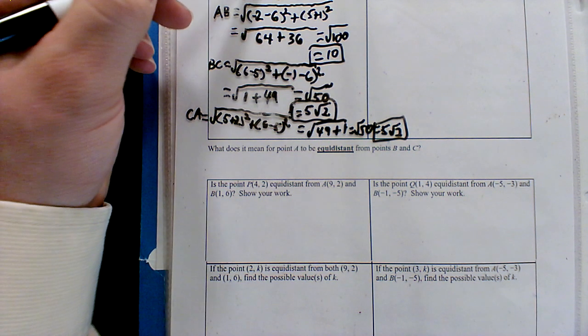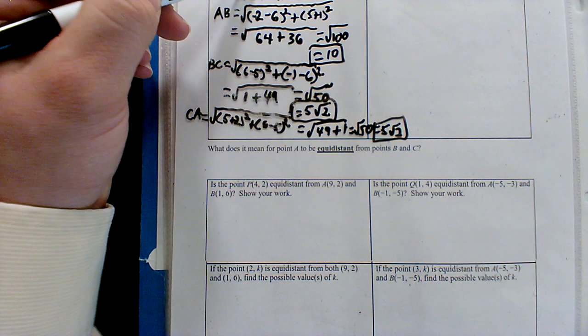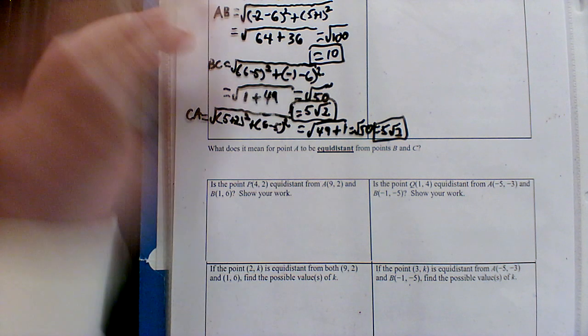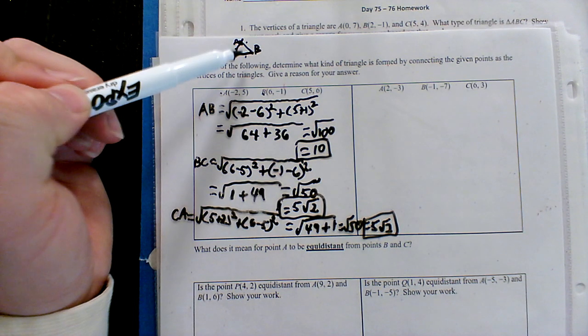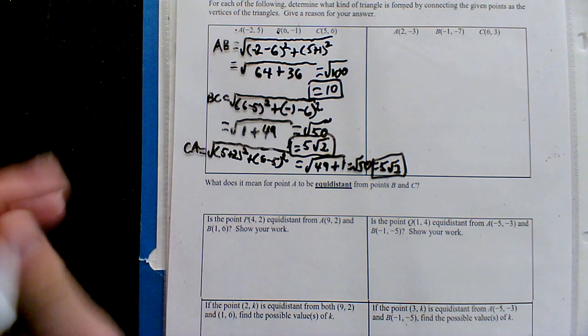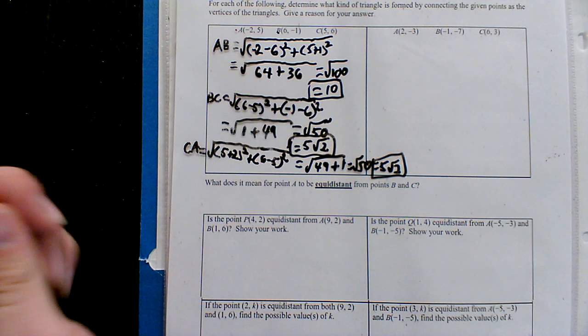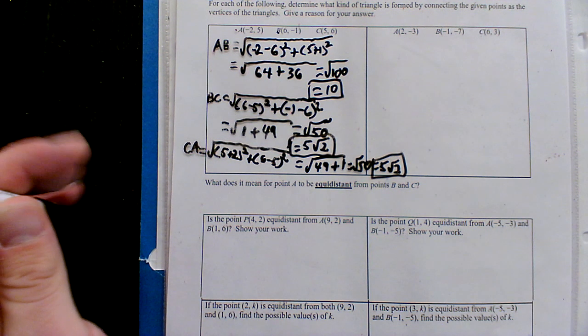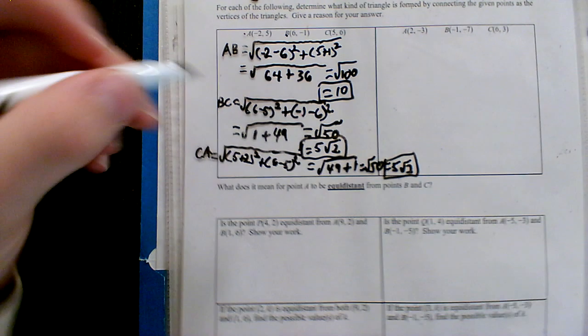So we have found our 3 side lengths. We found AB, then we found B to C, and then we found C to A. We found all 3 of them. So now, after finding the 3 lengths, what can we say about this kind of triangle? It's isosceles.